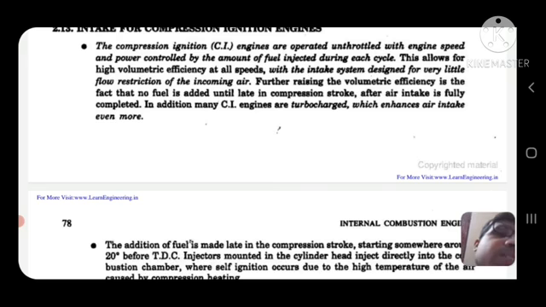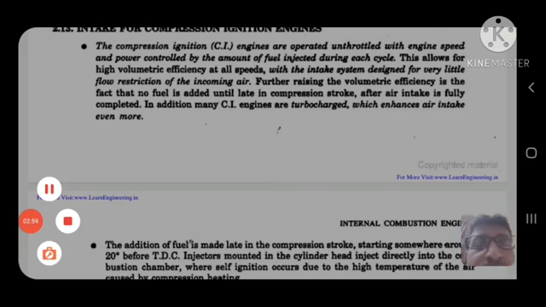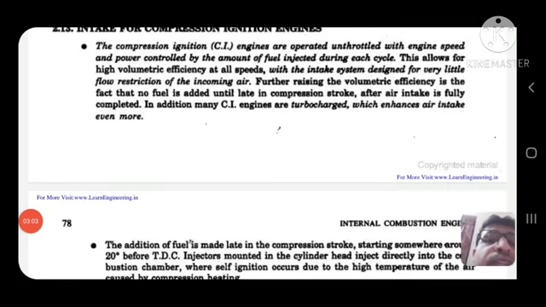Further raising the volumetric efficiency is the fact that no fuel is added until late in the compression stroke, after air intake is fully completed. In addition, many CI engines are turbocharged, which enhances air intake even more.